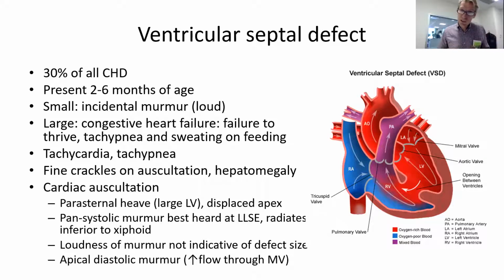On auscultation, when you listen, there'll be a very large and often loud pansystolic murmur, and it's usually best heard at the lower left sternal edge. And if you run your stethoscope down the chest below the sternum, into the subxiphoid area, then the murmur will still be heard. That's the marker that it's a VSD. If you do that and the murmur disappears, then it's probably not a VSD.